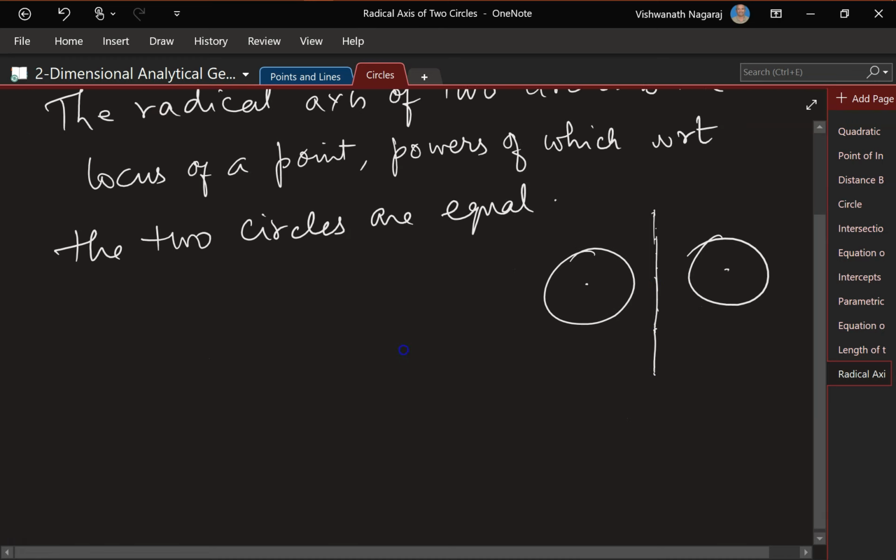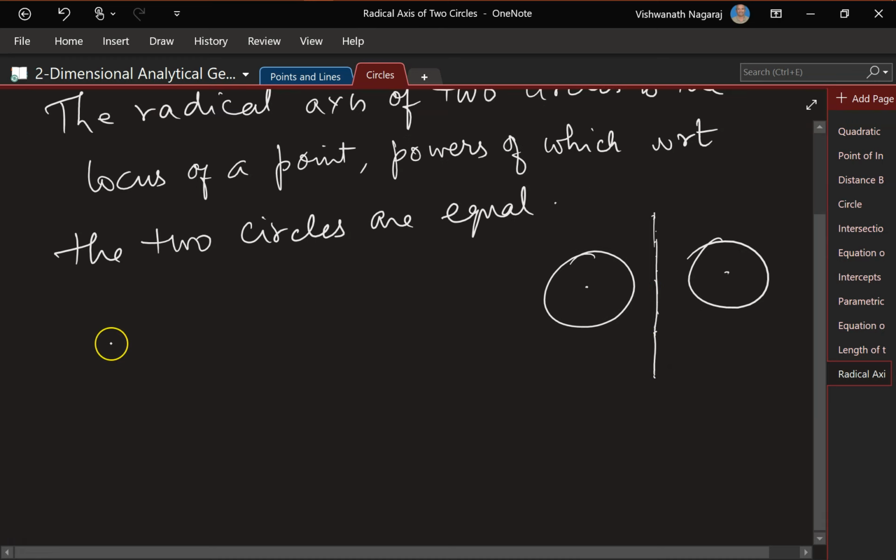So let's figure it out analytically. Let's say S1 is x square plus y square plus 2g1x plus 2f1y plus c1 equal to 0.